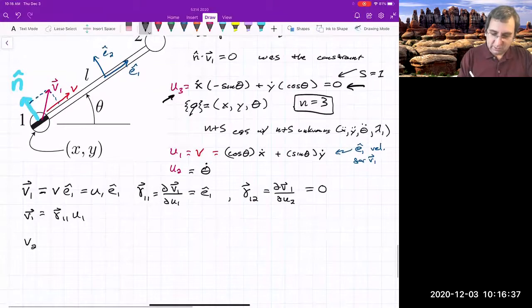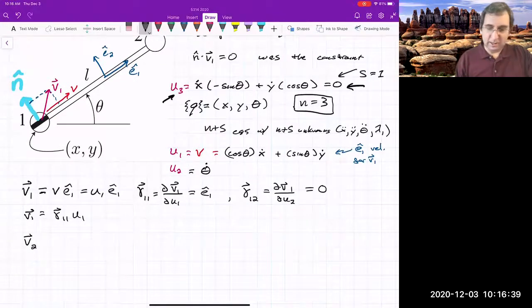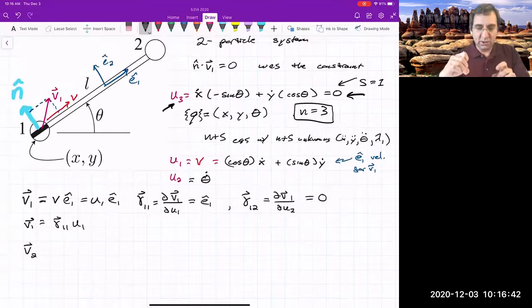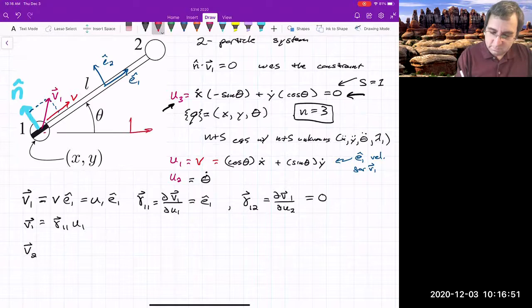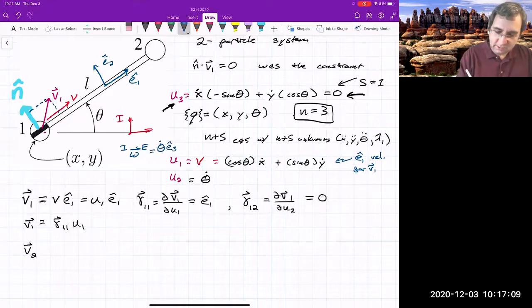Okay, what about the velocity of particle 2? We use the fact that they are rigidly attached. If we were to put in an inertial frame, what is the angular velocity of the E frame that's attached to the rod with respect to the inertial frame? It is theta dot E3. E3 is just coming out of the screen at you.